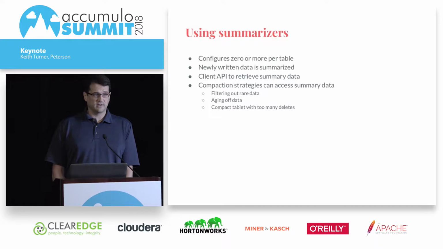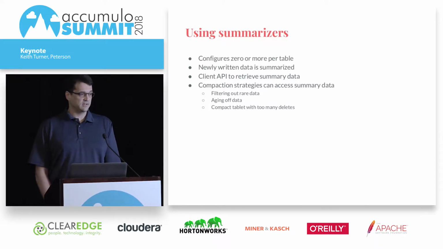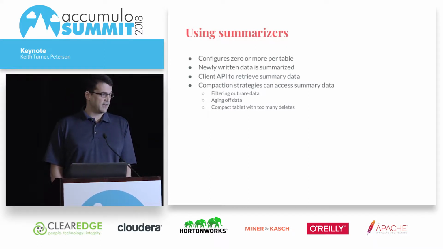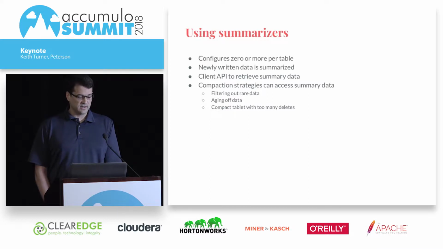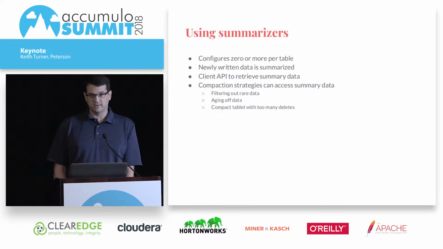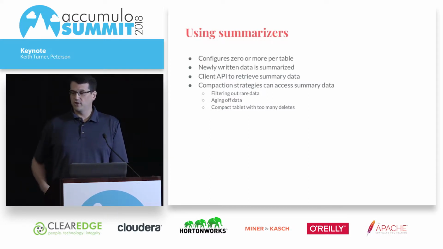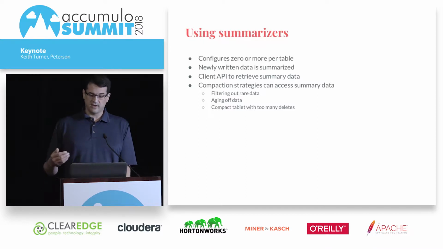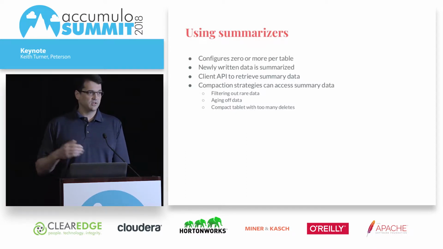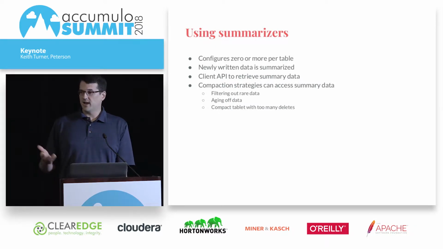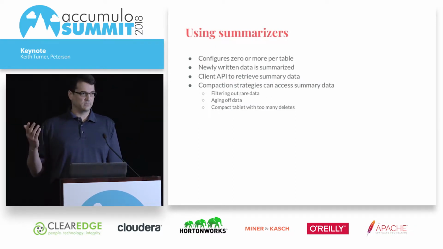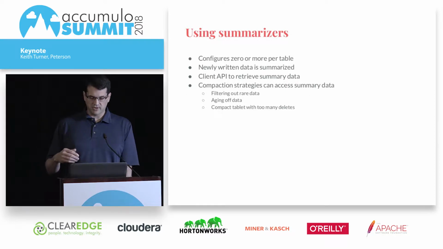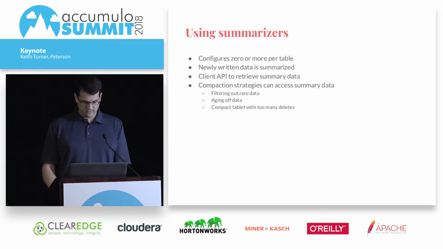If you had a tablet that was 25% deletes, it could really slow down scans. The summarizers provide a nice way to deal with this. So you configure a table with this summarizer that just counts deletes, and then you can configure a compaction strategy that looks at that and says, when a tablet is over 10% deletes, 30% deletes, do a full compaction on it to get rid of those.